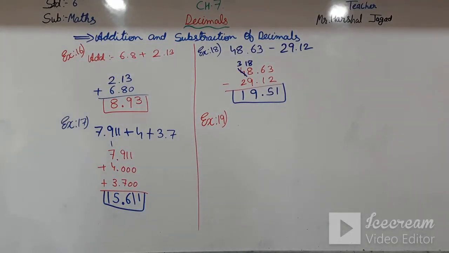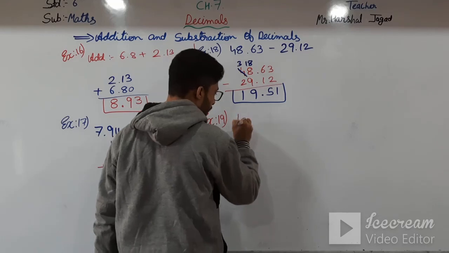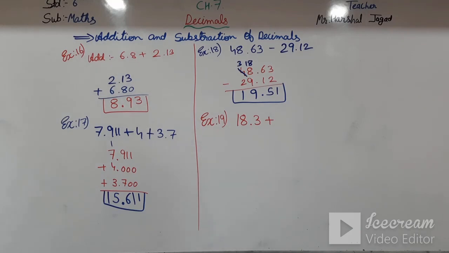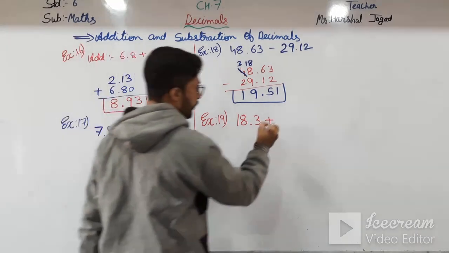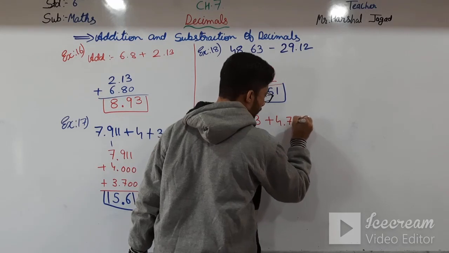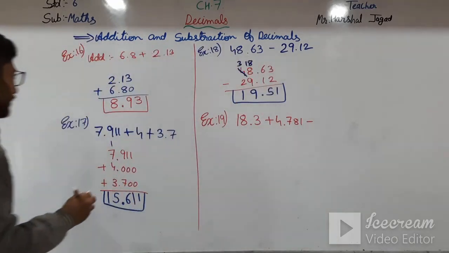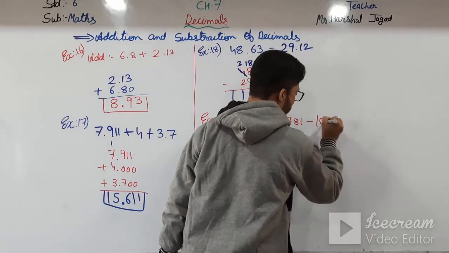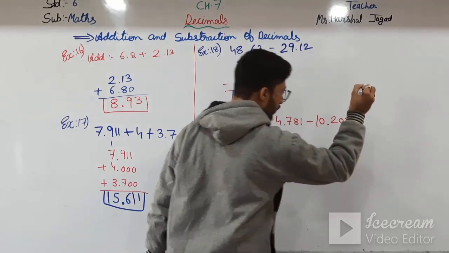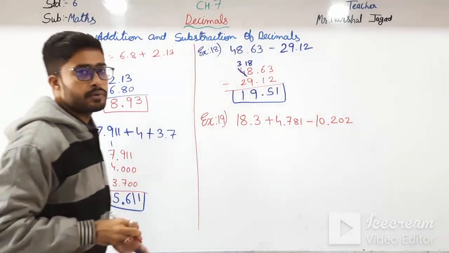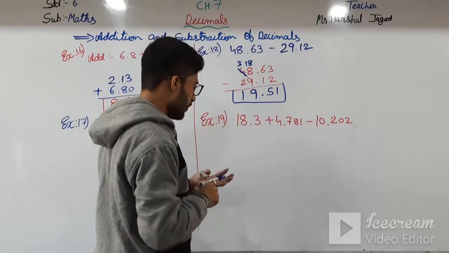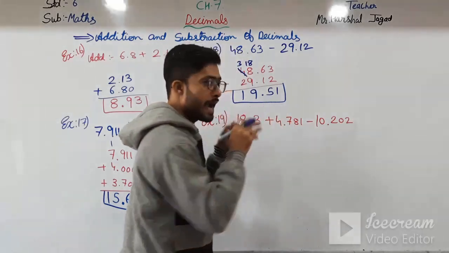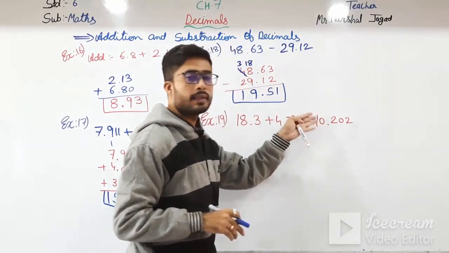In that, 18.3 plus 4.781 minus 10.202. Now, first of all, we have to add this, and then the answer that we get from the addition, we will subtract from this.